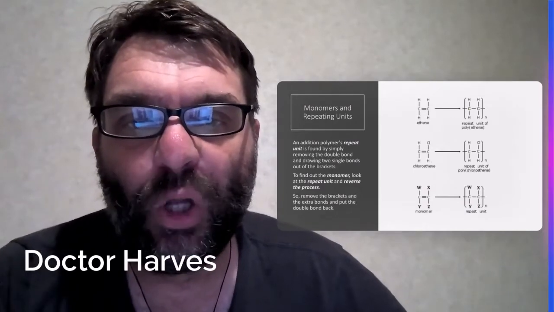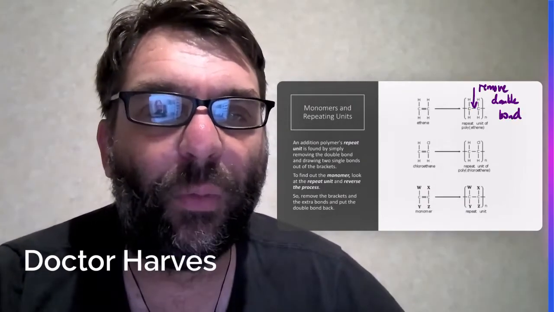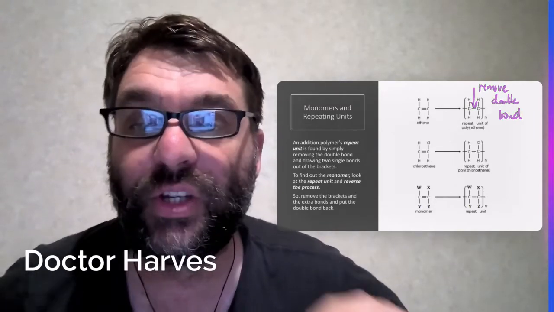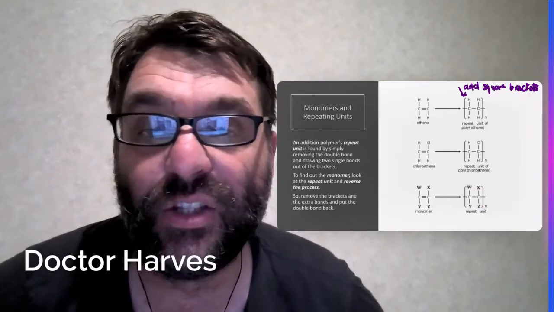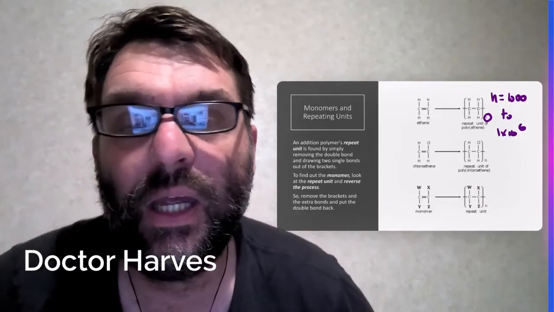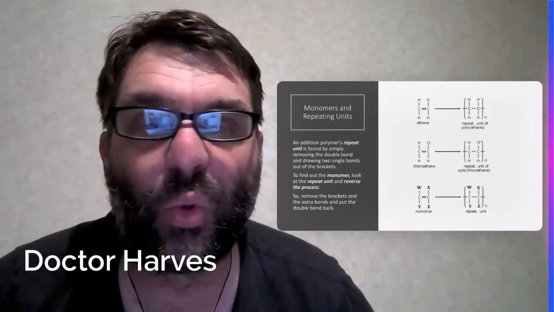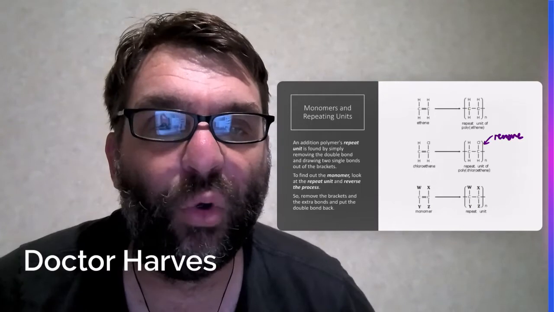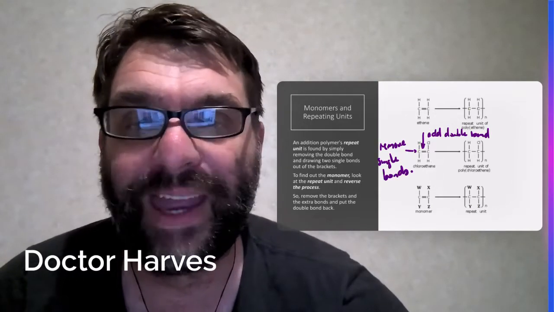So in addition polymers, the repeat unit is found simply by removing the double bond, adding the single bonds across the square brackets, as you can see there, and we use n because n is a very large number for polymers, so it can be up to like 1,000 or even 1,000,000. Okay, and to go backwards, what you do is you remove the square brackets, remove the single bonds, and add in the double bond again to go backwards.